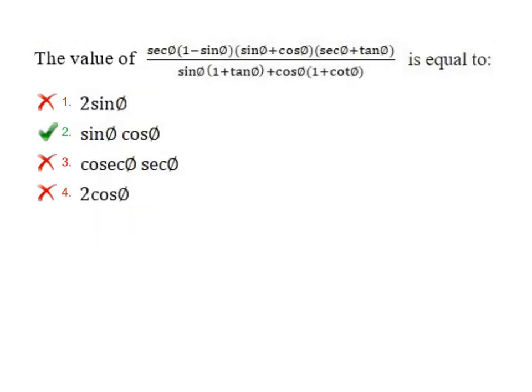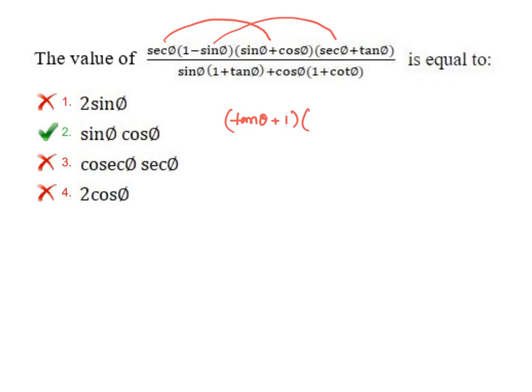He is asking you the value of the expression. First look at the numerator and then the denominator, look at them separately. Now see here, in the numerator, secant theta into sin theta plus cos theta, 1 minus sin theta into secant theta plus tan theta, you try to do this. Secant theta into sin theta is nothing but tan theta. Secant theta into cos theta is 1, so it is tan theta plus 1 into 1 minus sin theta.